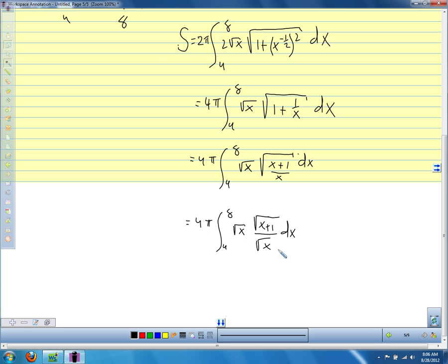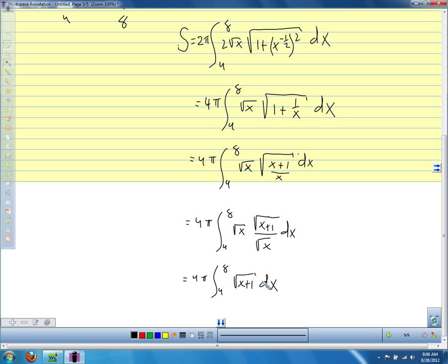dx, and then this looks much nicer now, doesn't it? These cancel, and I just get the square root of x plus 1 dx. And we know how to evaluate that. That one's an easy one to evaluate. U is x plus 1, du is just dx, so we just have the integral of u to the 1/2 du.